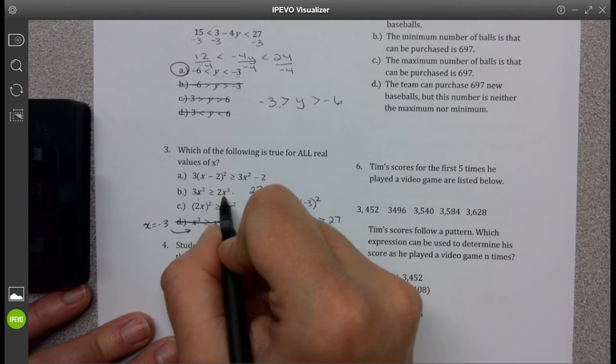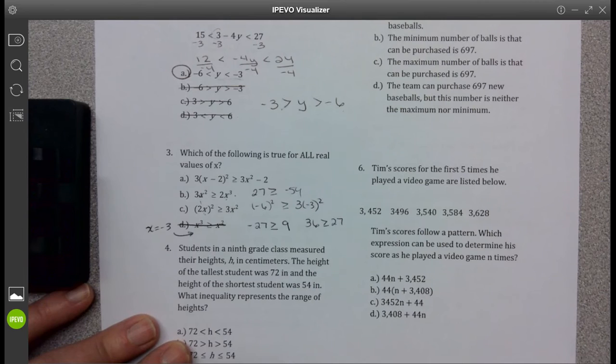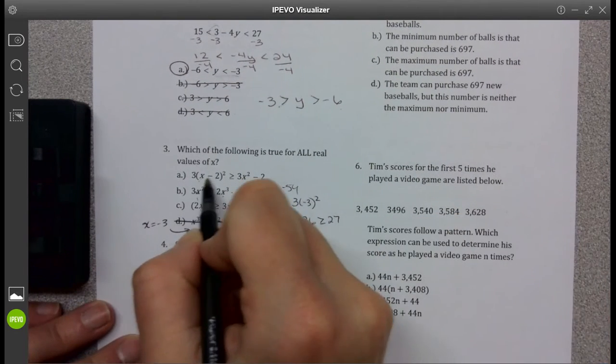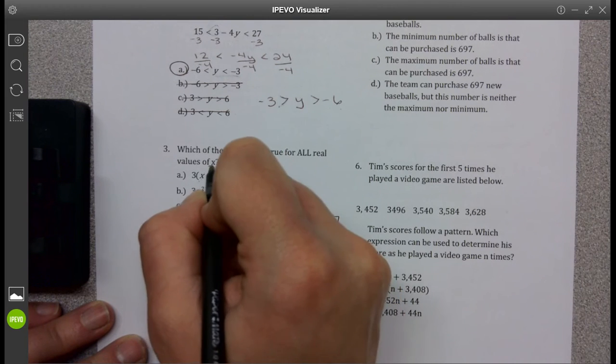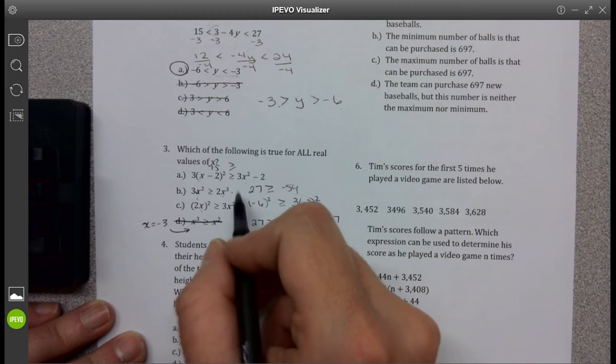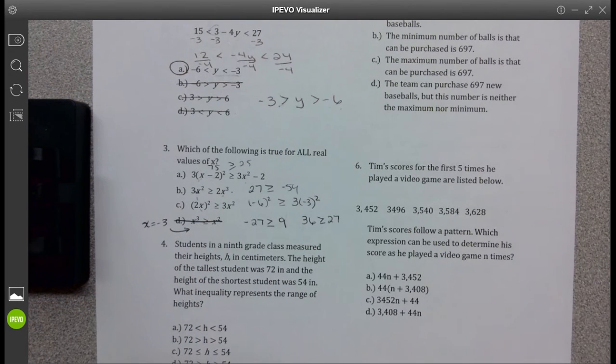If I put negative 3 in here, it's going to be negative 27, negative 54. That's true. If I put it in here, negative 3, that's going to give me negative 5. Negative 5 squared is 25, so I'm going to get 75. If I put a negative 3 in here, that's 9, 27. Yeah, that's true. Okay, so it all worked except for the 1. What about a positive number?